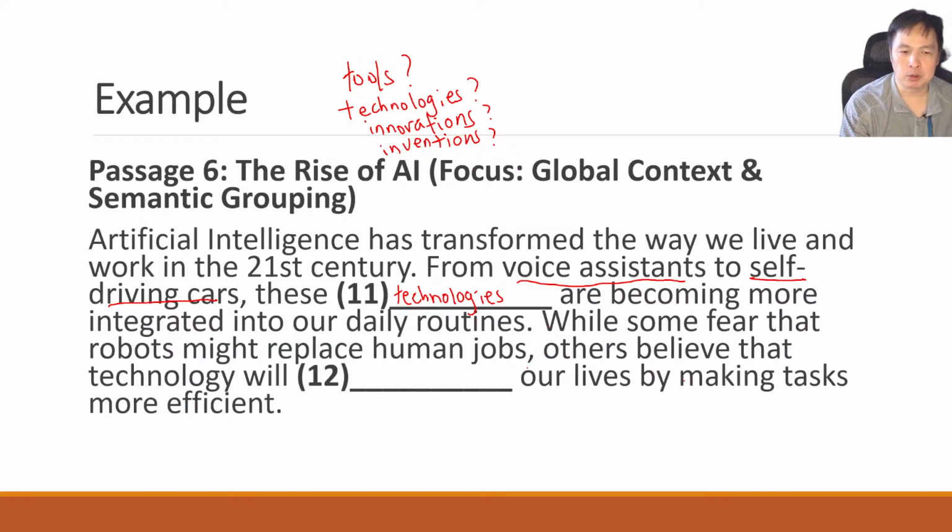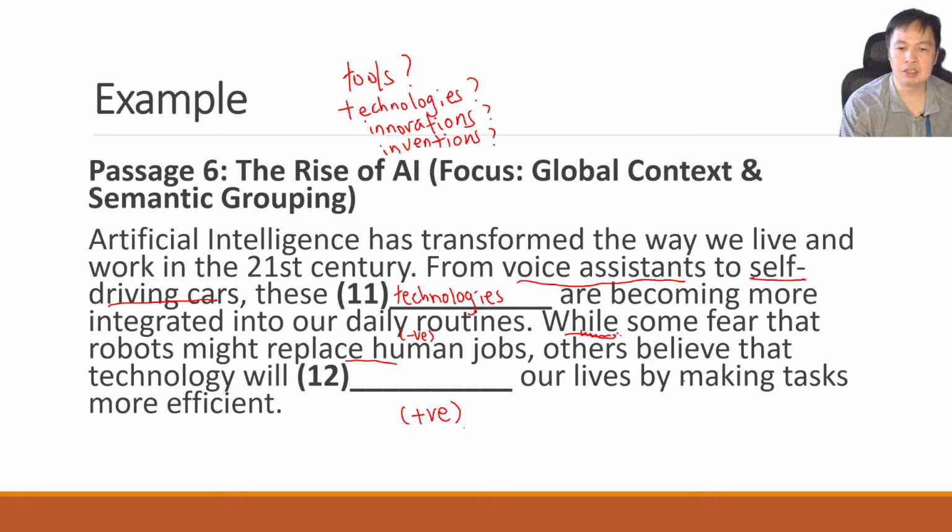So these technologies are becoming more integrated into our daily routines. While some fear that robots might replace human jobs, others believe that technology will blank. So we have a contrast connector here, right? Replace human jobs has a negative connotation. So then this word over here is likely to be positive. How do you know? Simply because there's a contrast connector.